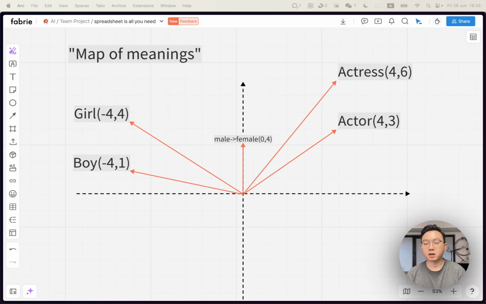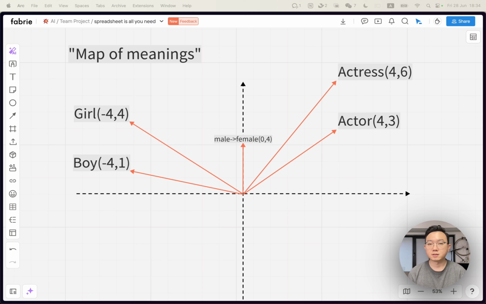Each of these numbers actually represents the meaning of these words on different dimensions or different perspectives. Let's simplify this multidimensional embedding into a flat 2D surface. So imagine I'm assigning 4 and 3 to the word actor, 4 and 6 to actress, boy with -4 and 1, girl with -4 and 4.